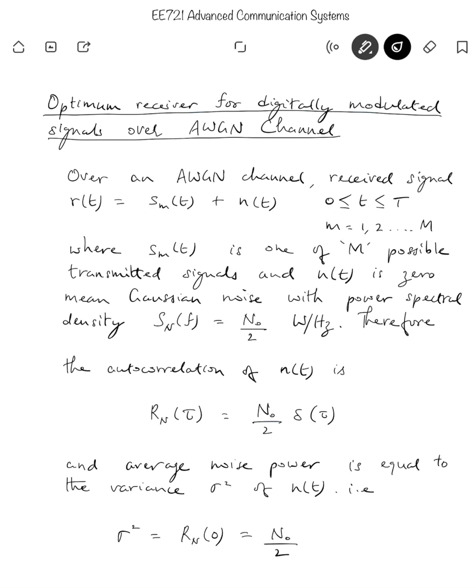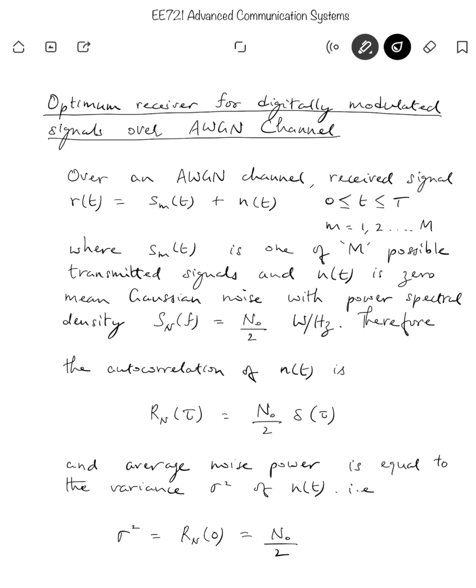By white we mean that its power spectral density is flat, with a value of N0/2 for all frequencies, and the statistical distribution of the noise samples is Gaussian with a mean value of 0.